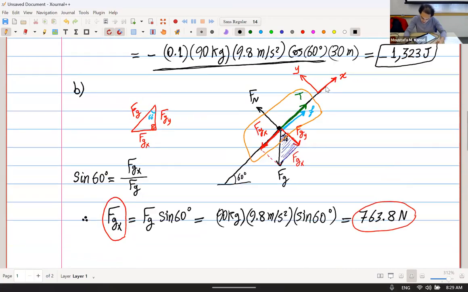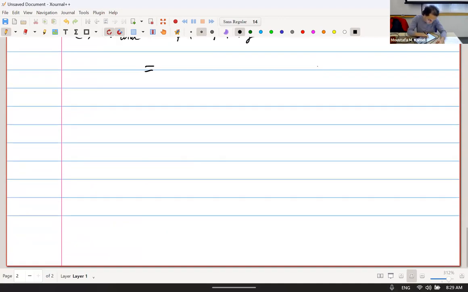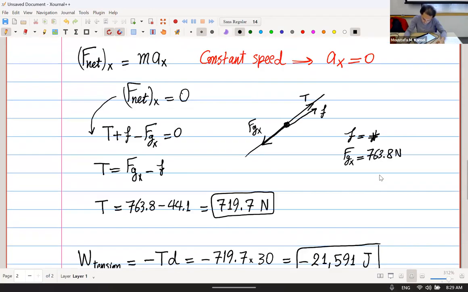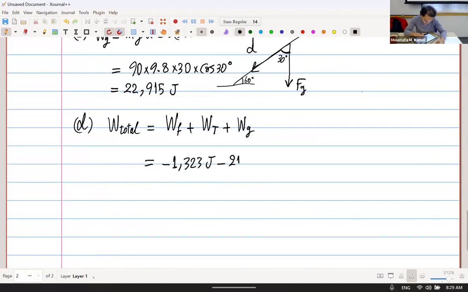So negative 1323 joules and negative 21,591, and then plus 22,915 joules.